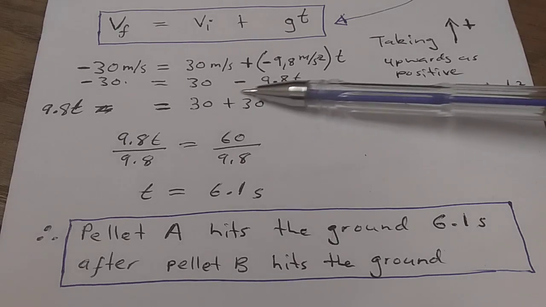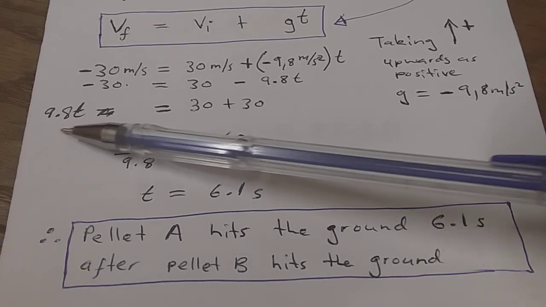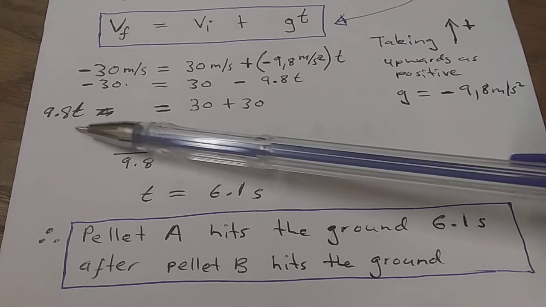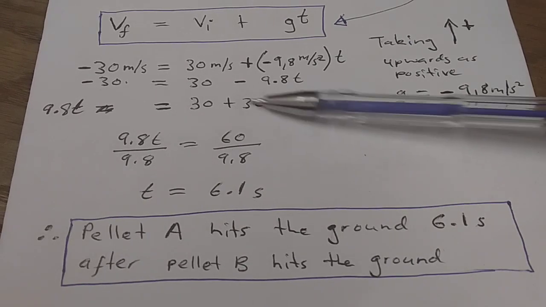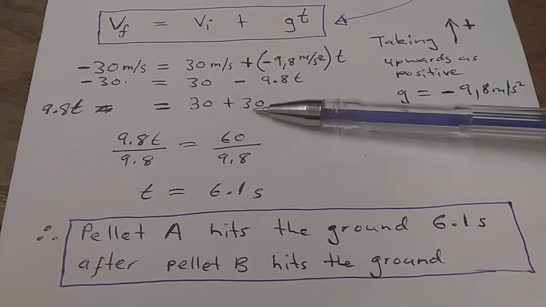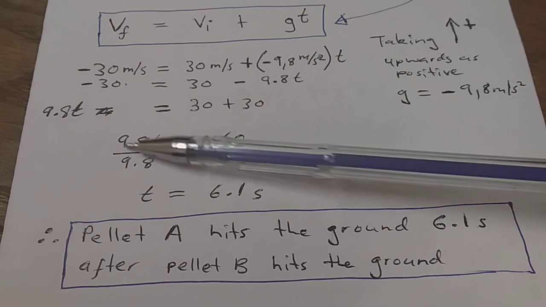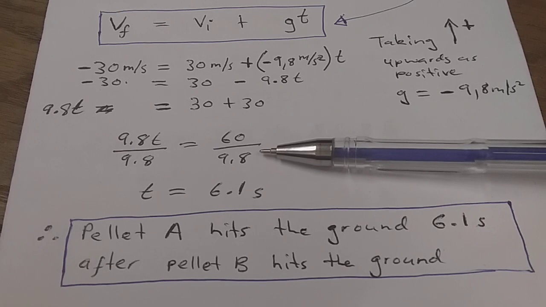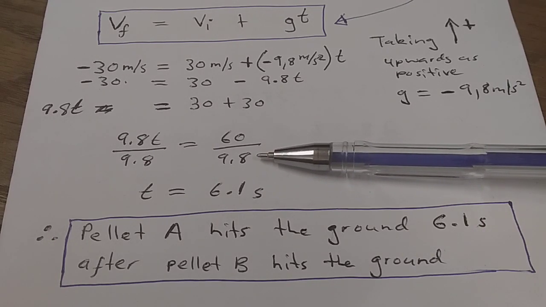Pushing this term to the left-hand side, it becomes positive: 9.8t is equal to 30 plus 30. The negative 30 comes to the right and becomes positive. Dividing the left-hand side by 9.8, you also divide the right-hand side by 9.8.